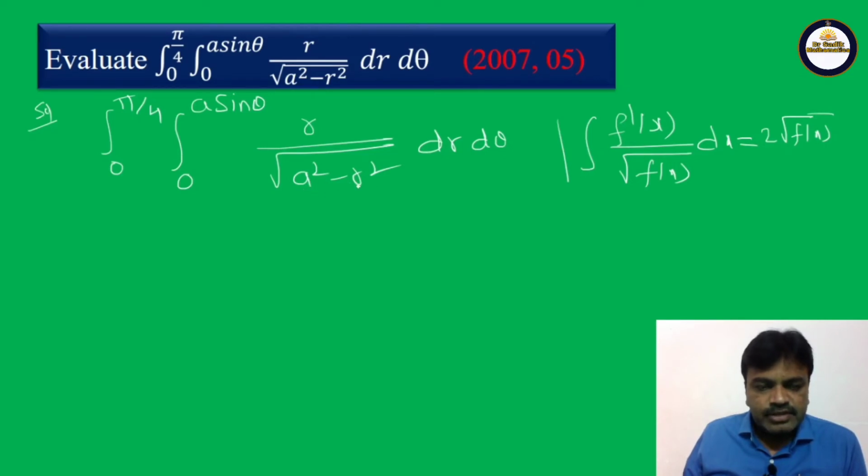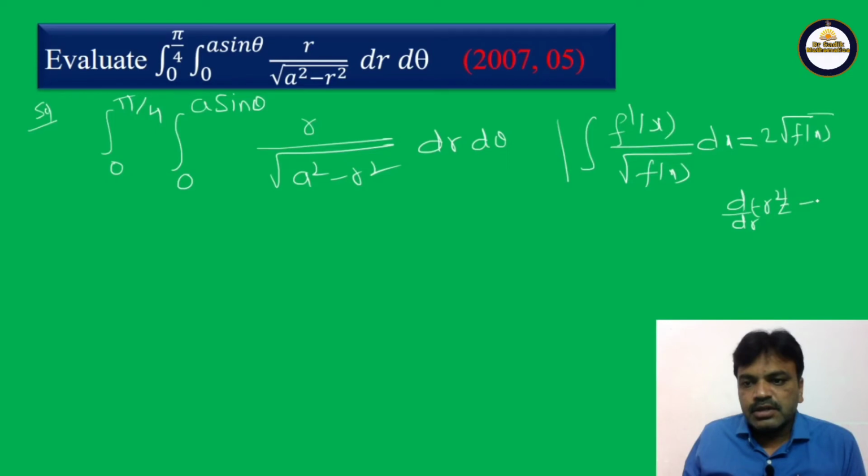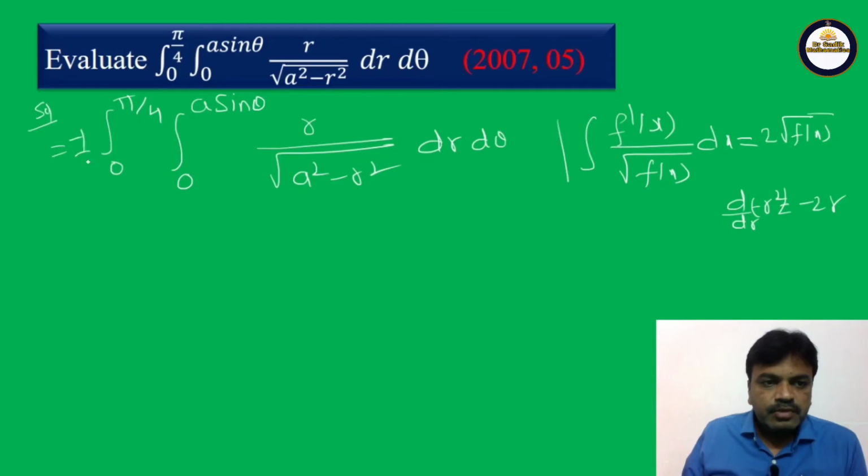The derivative of a square is 0, and of minus r square it is minus 2r. But we have here r, so multiply with minus 1 by 2. Okay, and minus 2 cancel. Then we get this problem, friends.